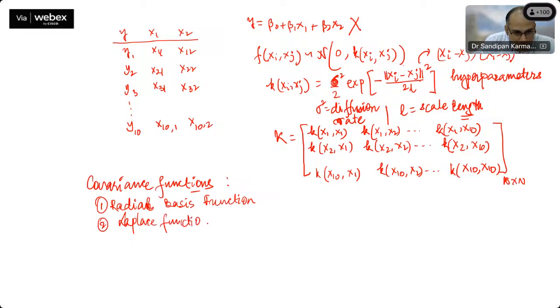From the Laplace distribution, you can consider that it contains a modulus. The Laplace function will be sigma square exponential minus 1 by 2L square, with xi minus xj. That modulus is inside, so instead of the square, it is a modulus.